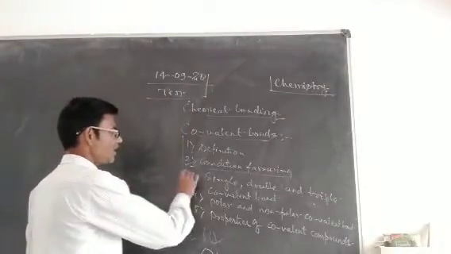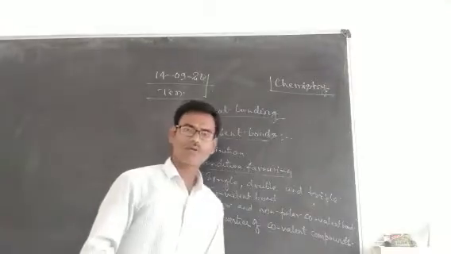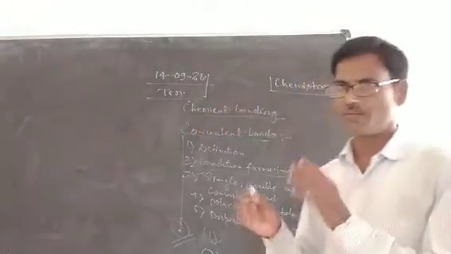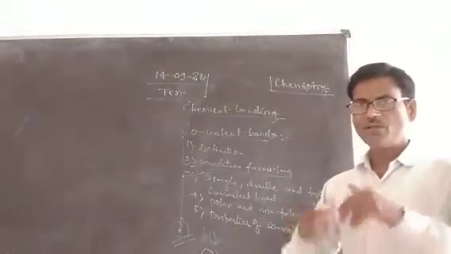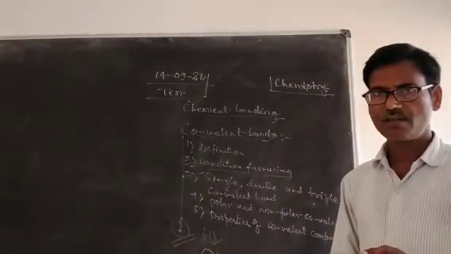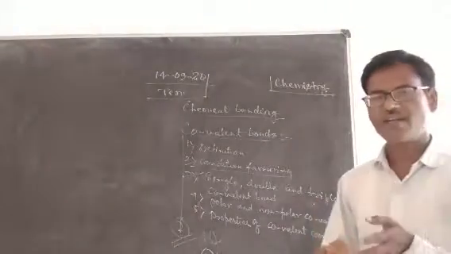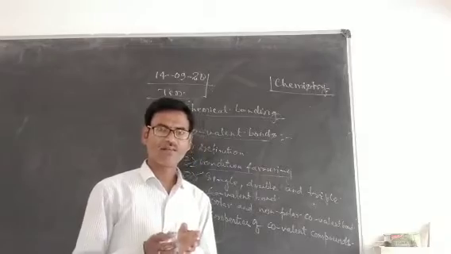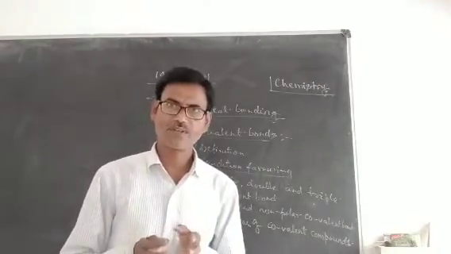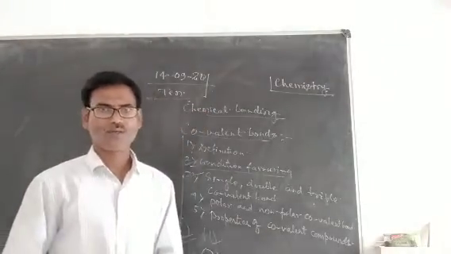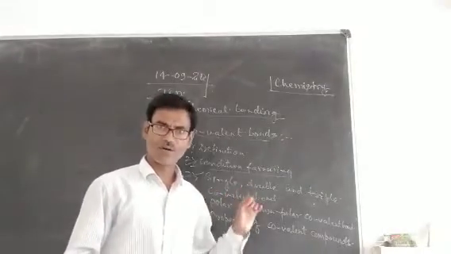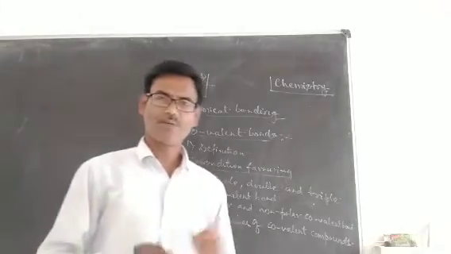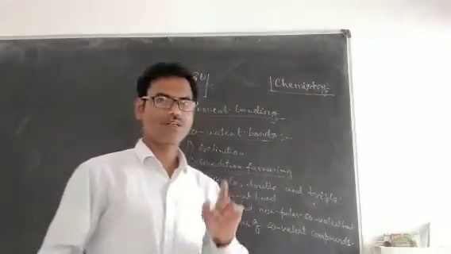Now next is single, double and triple covalent bonds. There are three kinds: single, double and triple covalent. When only one pair of electrons is shared between the two atoms, the covalent bond formed is called a single covalent bond.